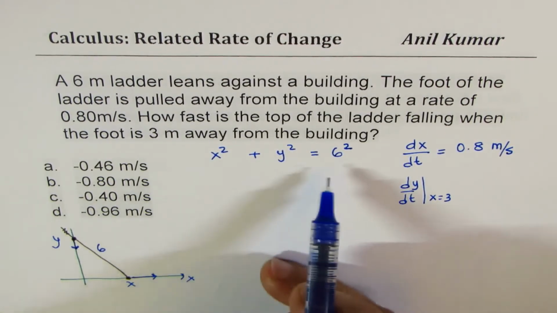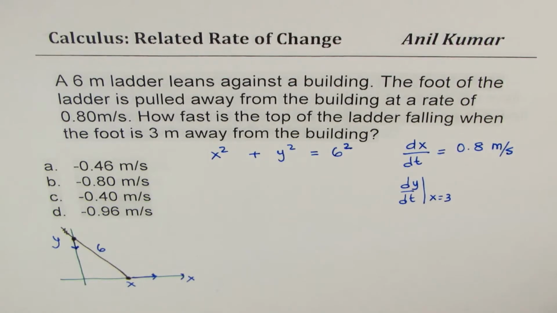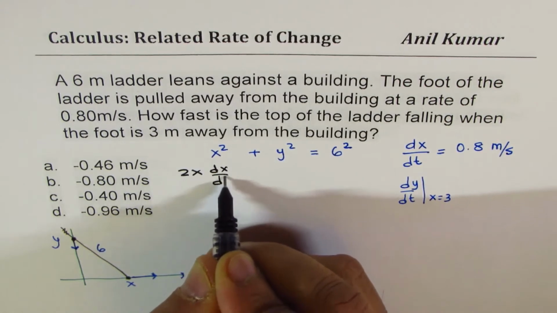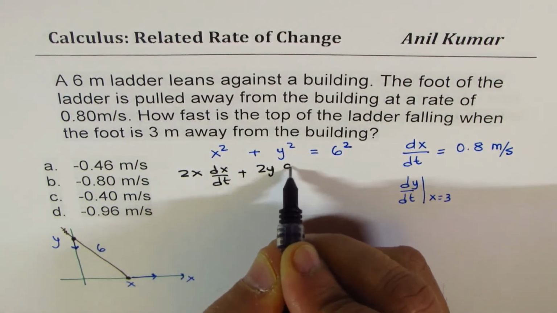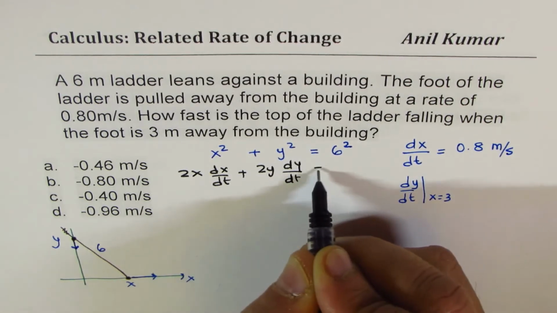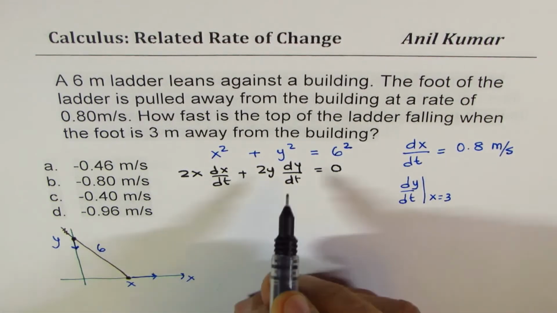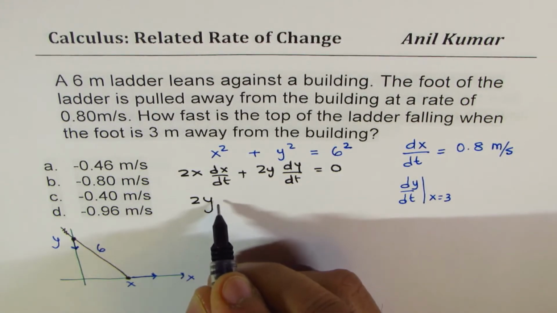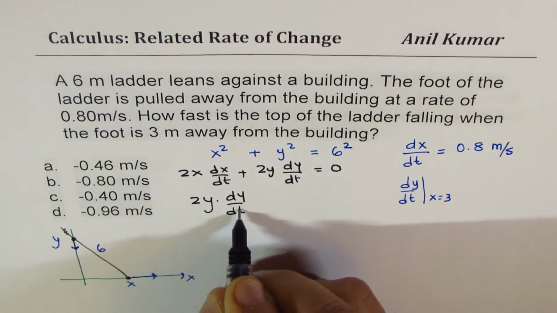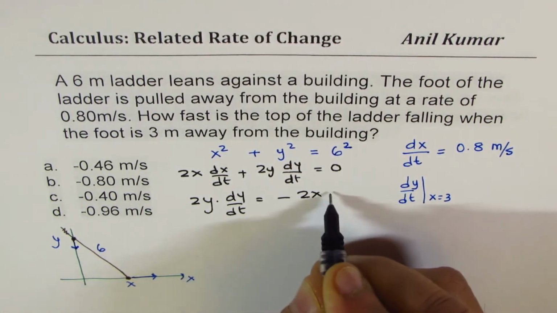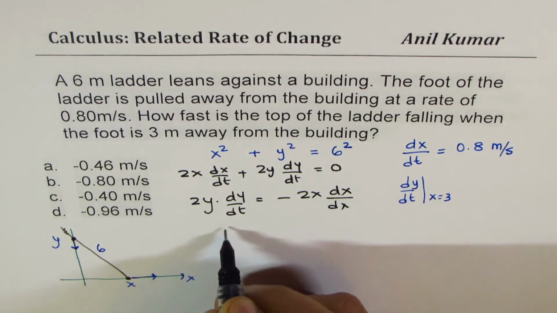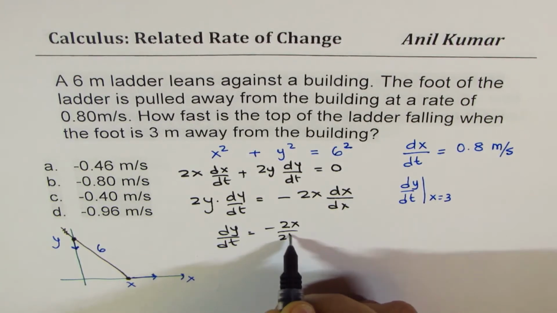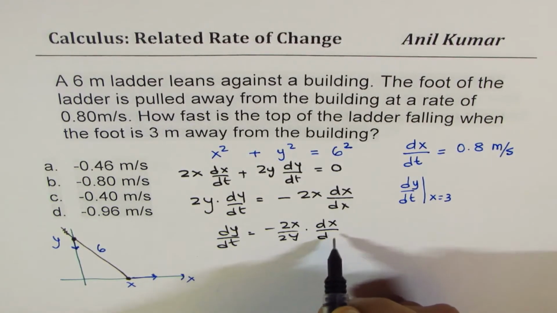So let's find the derivative of this expression with respect to time. What we get here is 2x dx/dt plus 2y dy/dt is equal to 0. We want to find dy/dt, so we can isolate. 2y dy/dt is equal to minus 2x dx/dt, or dy/dt is equal to minus 2x over 2y times dx/dt, correct?